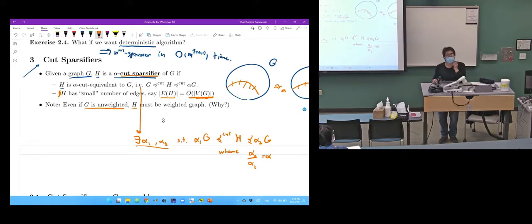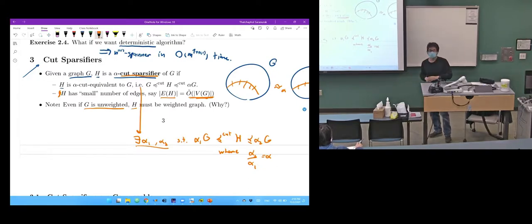I'm not sure, actually. Is it true that for every graph there exists an unweighted sparsifier? That's not clear to me. Because the edge weights can be very different, and there can't be a single alpha 1 value which reduces all of them to unweighted.